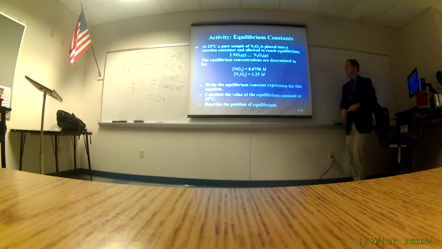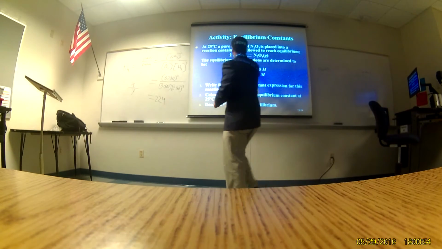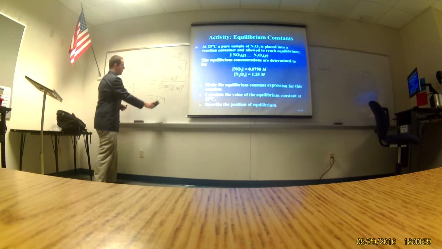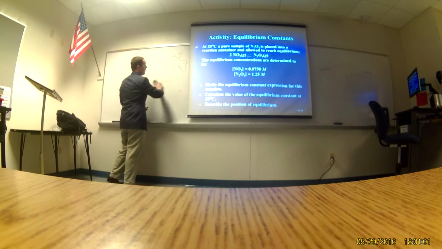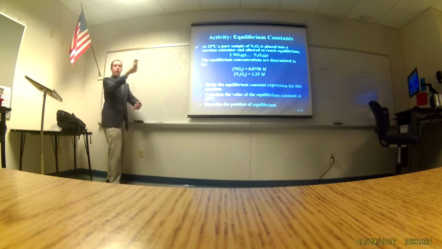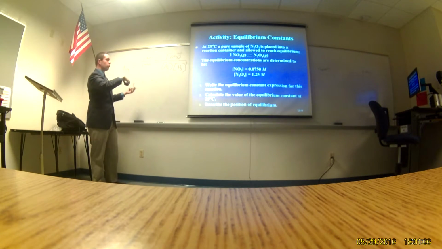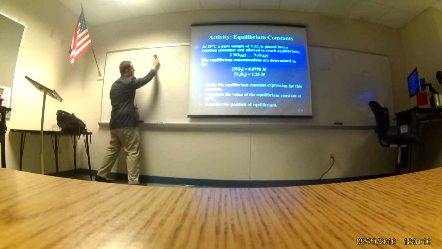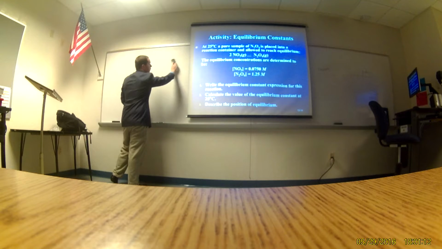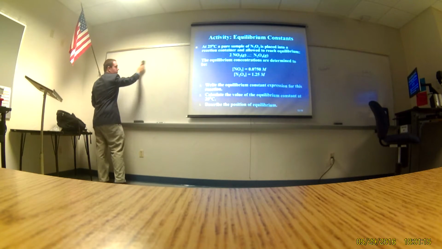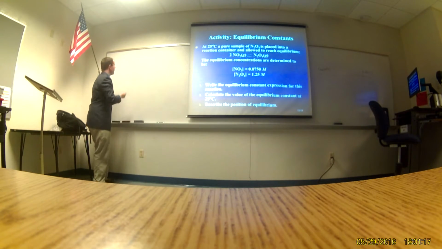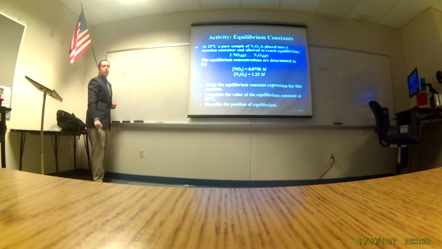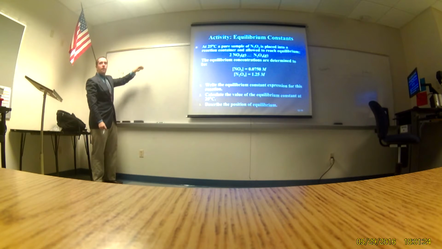Here's another example. You have another reaction. This is the same equilibrium we were dealing with before, but it's written the other way around. In this case, the NO2 is the reactant, and the N2O4 is the product. So the first question we're asked is to write the equilibrium constant expression. So I've got Keq. What am I going to write up on top?